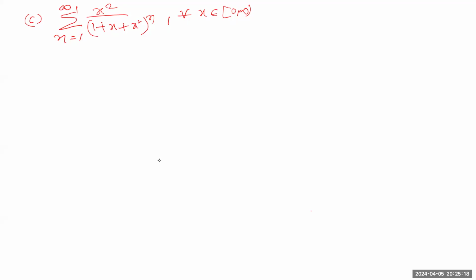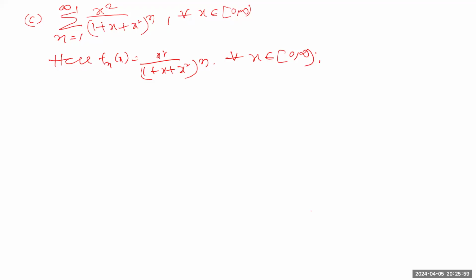Okay, no problem. What is the problem here? We need to verify by definition, so we need to find out the partial sums. Here fn of x is equal to x square over (1 plus x square) to the power of n, for all x belongs to 0 comma infinity.